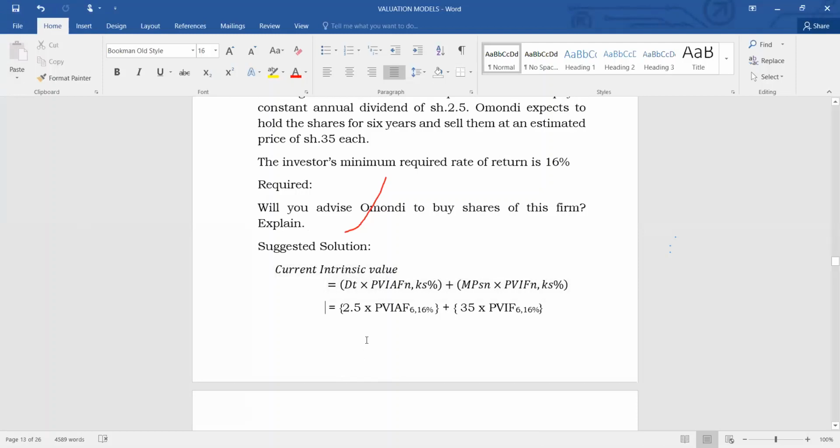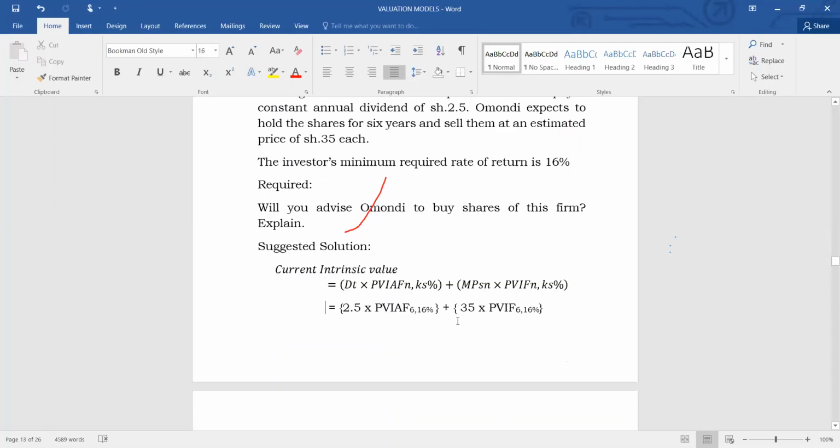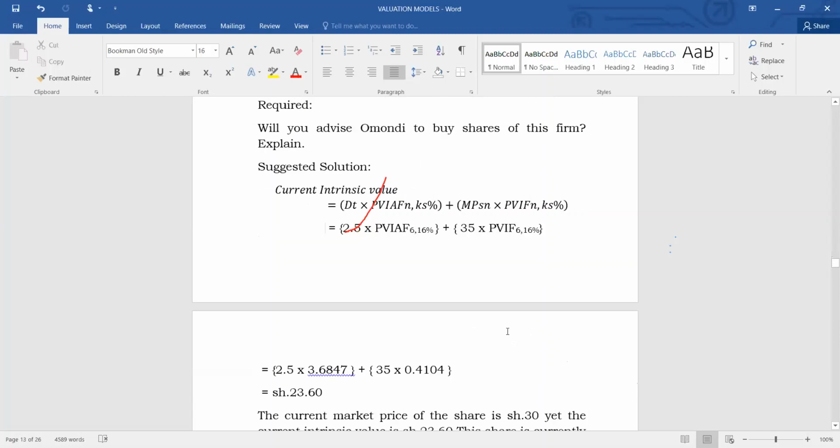So the 2.5 is an annuity times the annuity factor. He expects to hold the shares for 6 years. The required rate of return is 16%, plus after 6 years, he can sell the shares at 35. That's a future value: 35 times the factor at 16%.